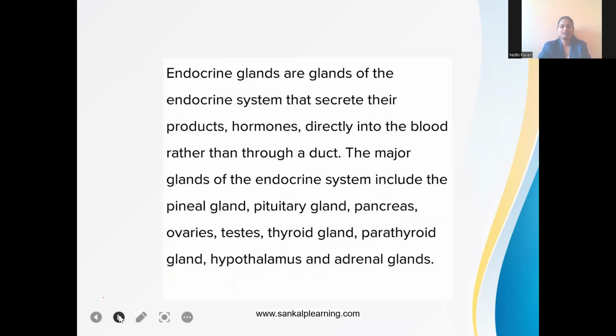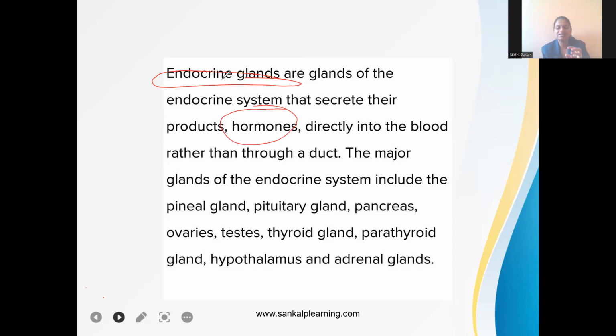So the endocrine glands, what are these endocrine glands? Endocrine glands are the glands which form the endocrine system. They secrete their products in the form of chemicals called hormones directly into the blood.